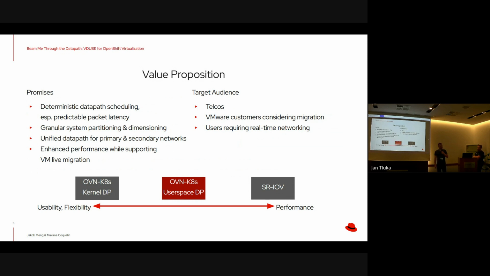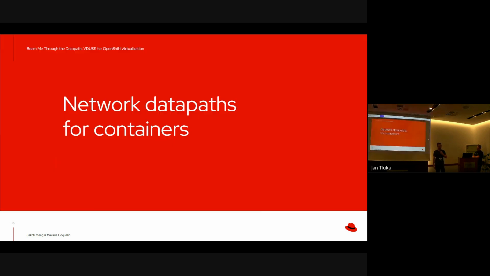And you're on your own. You have to do a lot that OVNK, for example, is providing. And we are in between. This could be interesting for telcos or customers from VMware that might consider migrating, and they might expect certain features that we can provide. And also users that have real-time networking requirements.